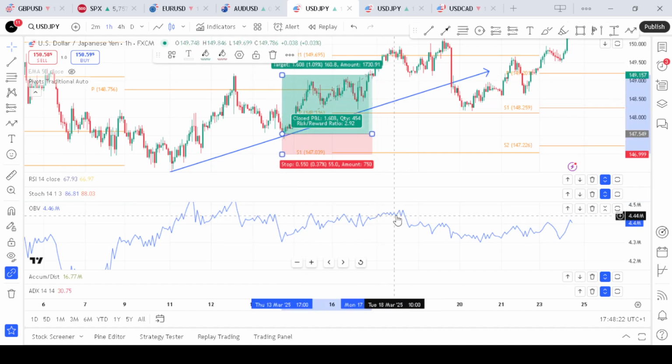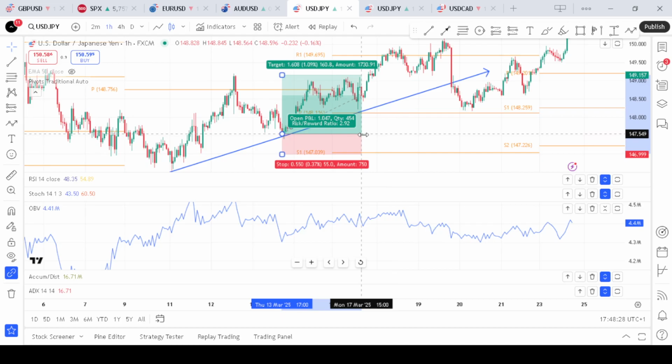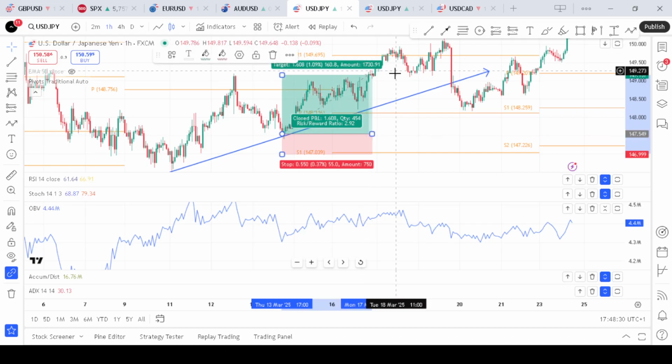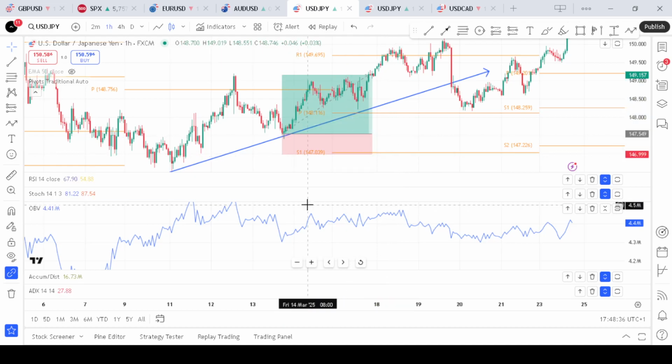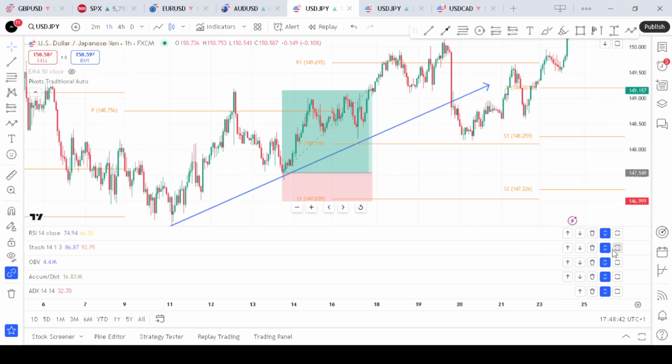At this area where you see the volume, the unbalanced indicator is squeezing, this can confirm that price is not making a significant move in the market. So this is how we can exit our trade. You can use either your RSI, your unbalanced indicator, or you can make use of your stochastic oscillator.